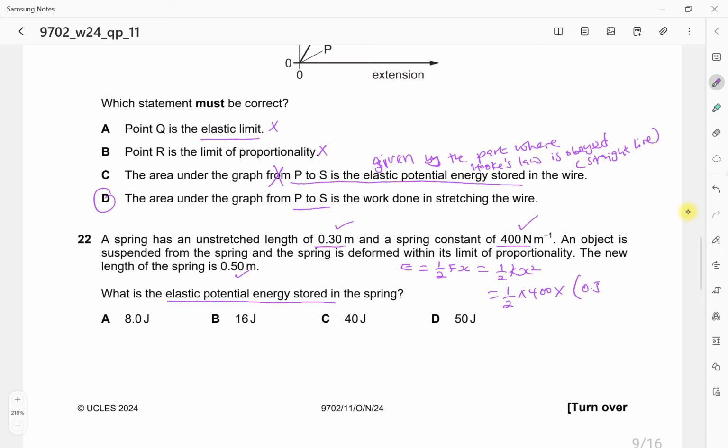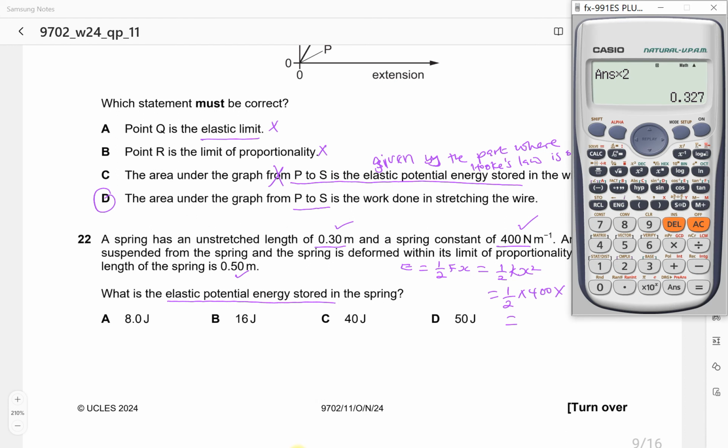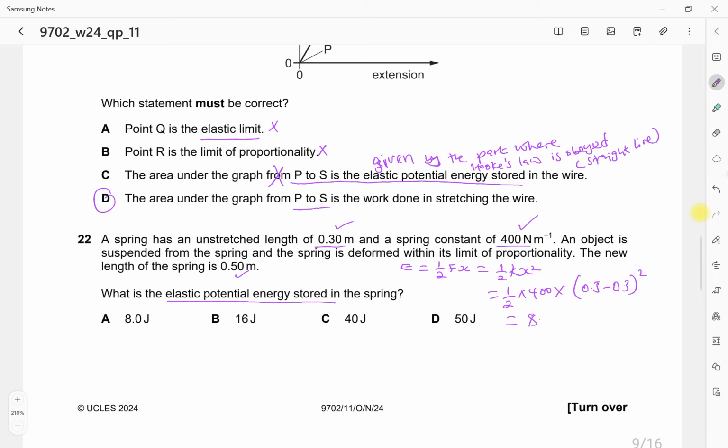Of course, x is the extension, which is the difference, so it is (0.5 minus 0.3) squared. This is equal to 0.5 times 400 times 0.2 squared, which is 8. So the answer is going to be A.